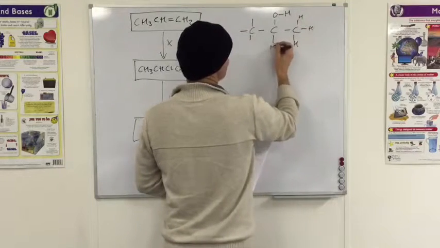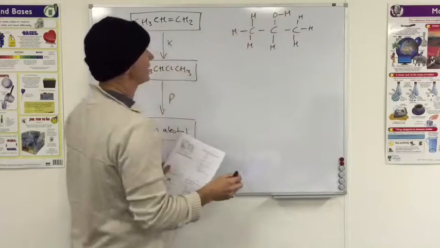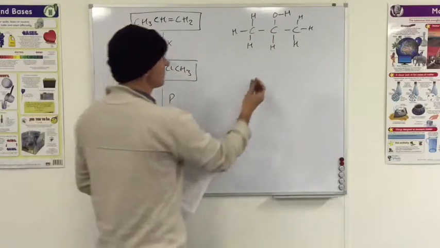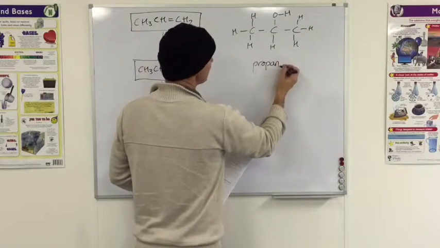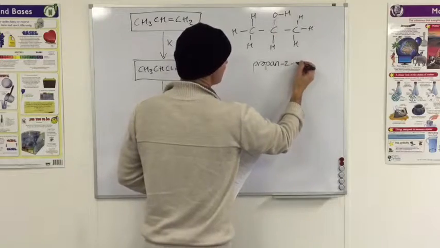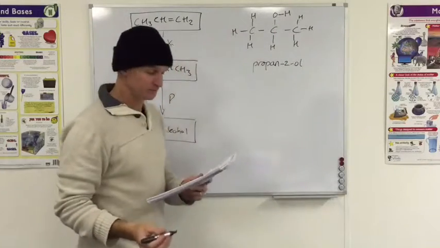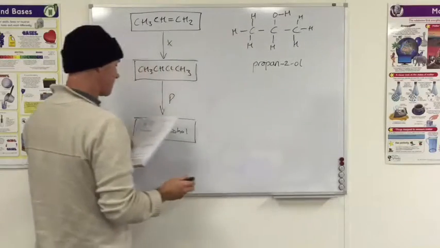Don't leave stalks without H's on them. Don't combine your CH3s at the end or anything like that. That would be your structural formula. And the name, 1, 2, 3, prop. Propan, it's an alcohol, so it's an ol, and the ol is on the second one, so it's propan-2-ol, or 2-propanol. All right?